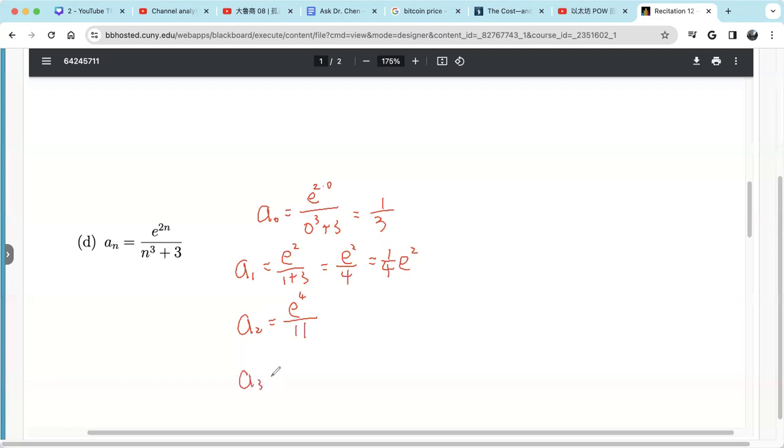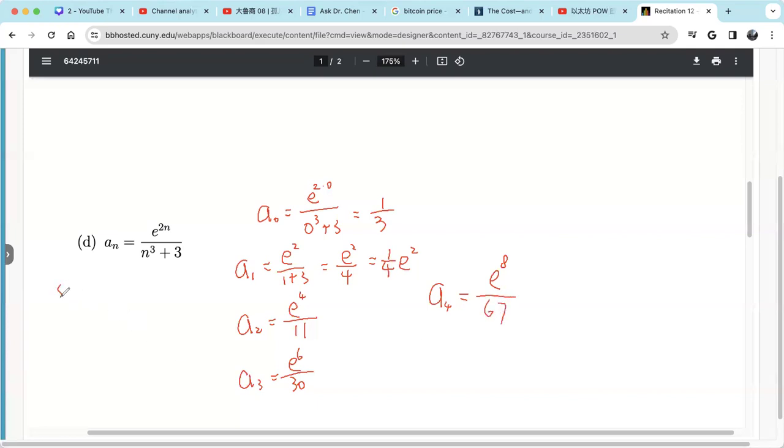A3: E to the 2 times 3, which is E to the 6. Then 3 raised to 3 is 27, 27 plus 3 is 30. A4, the fifth term, is E raised to 2 times 4, which is 8. The denominator has 4 raised to 3, 64, plus 3, 67.